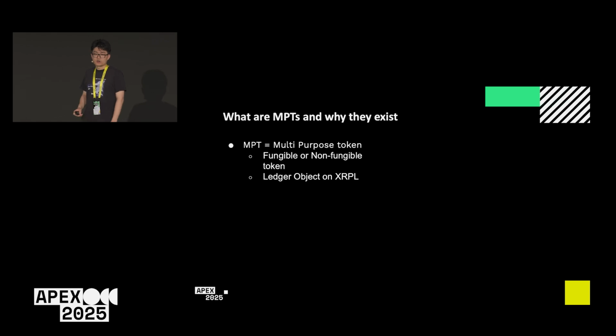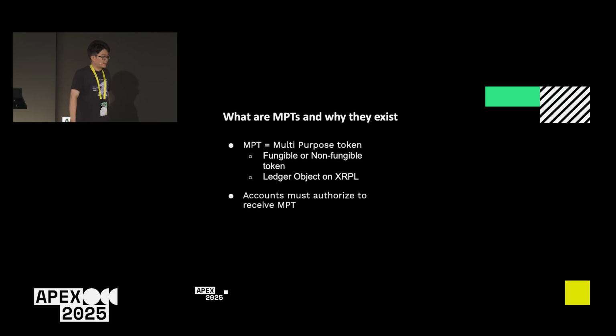An MPT is also a ledger object on the XRP Ledger. Some other objects include accounts, smart contracts, token escrows, etc. One of the main motivations behind MPTs is that accounts must first authorize to receive an MPT.